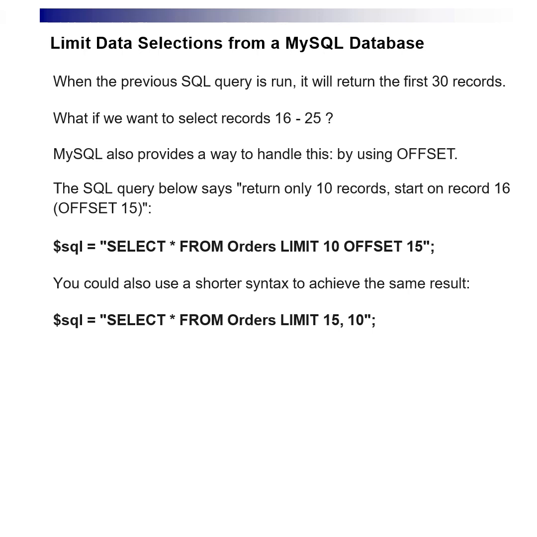What if we want to select records from 16 to 25? MySQL also provides a way to handle this by using offset. The SQL query below says, return only 10 records, start on record 16, offset 15. You could also use a shorter syntax to achieve the same result, as the following.